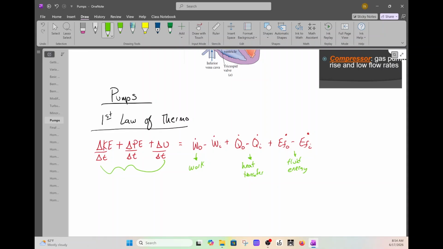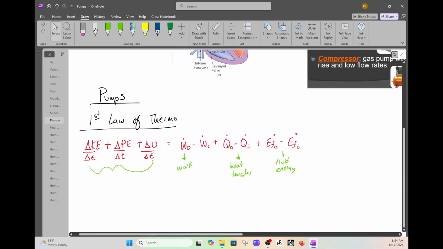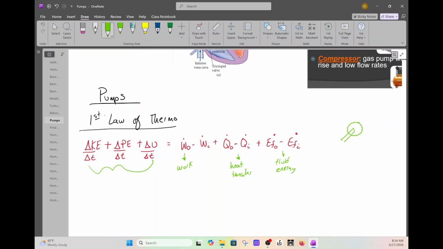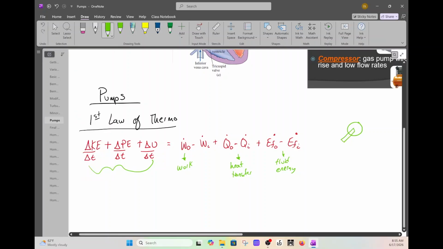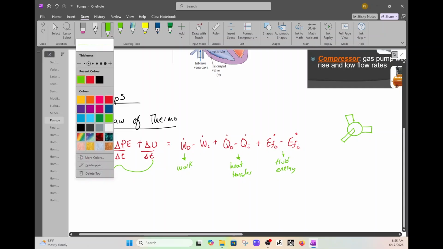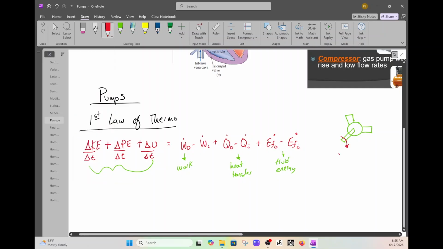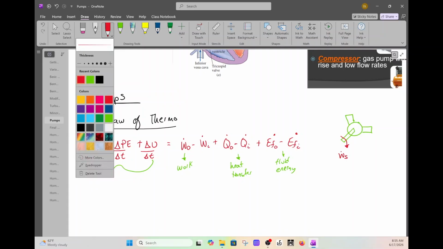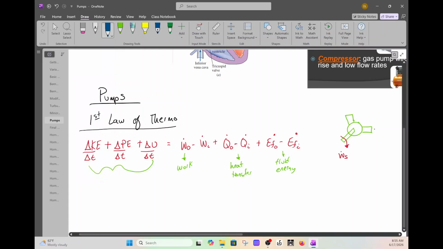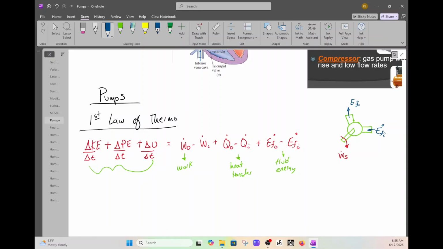Now, I'm going to draw a pump right here. Very simple pump. We have a shaft, and then we have fluid coming in, and we have fluid going out.